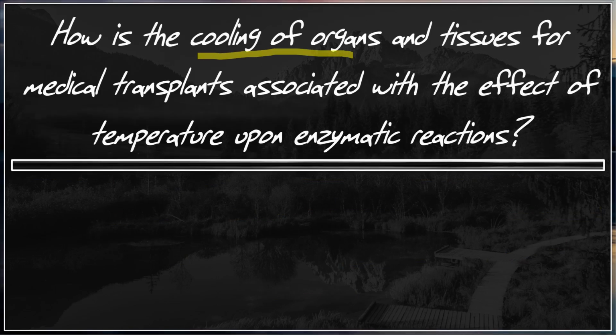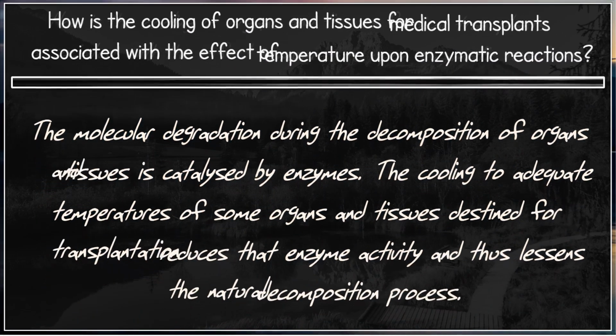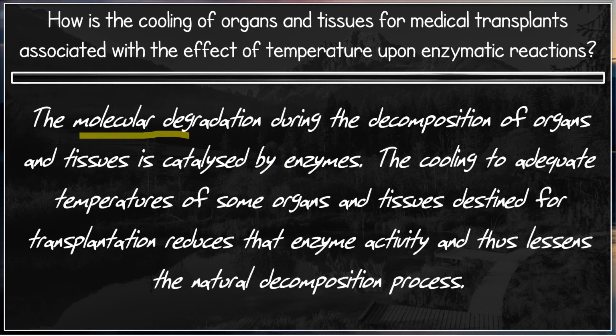How is the cooling of organs and tissues for medical transplant associated with the effects of temperature upon enzymatic reactions? The molecular degradation during the decomposition of organs and tissue is catalyzed by enzymes.